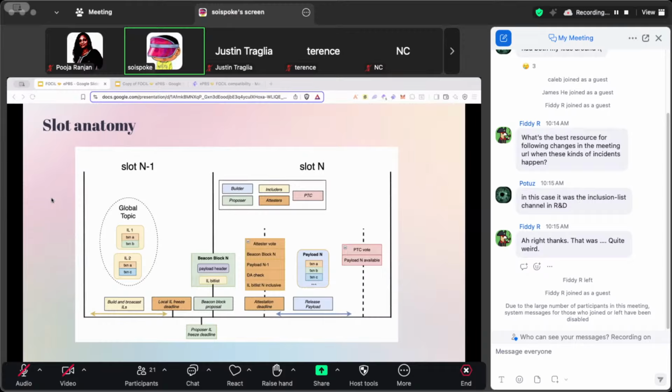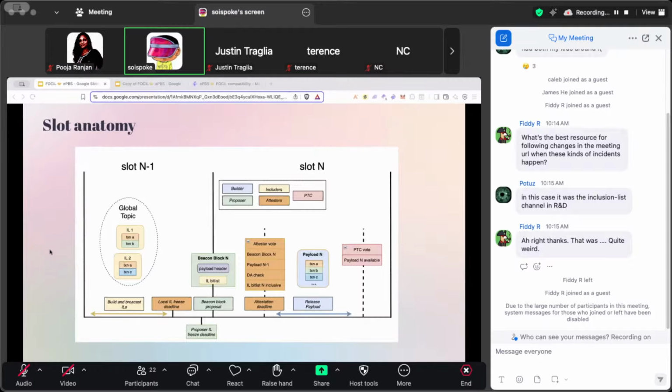If the payload from slot n-1 wasn't compliant, meaning it didn't include valid inclusion list transactions, the attesters of slot N will not vote for block N, because they want to reorg the non-compliant payload n-1. That's another important condition, and it's the second part of the split IL enforcement, the first part being the IL bit list part I just talked about.